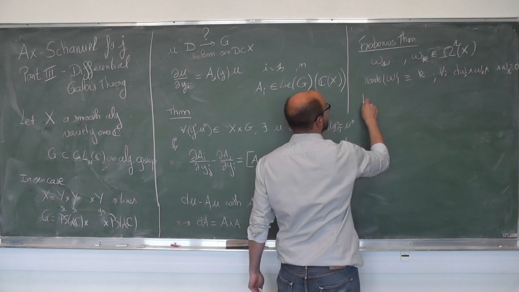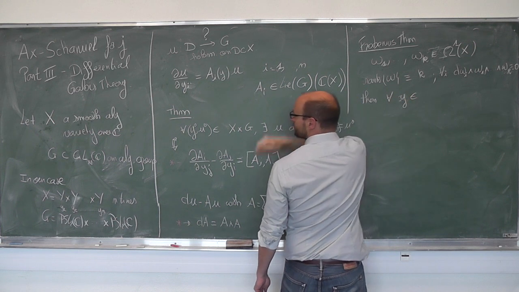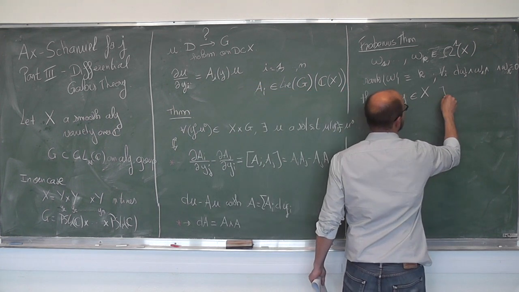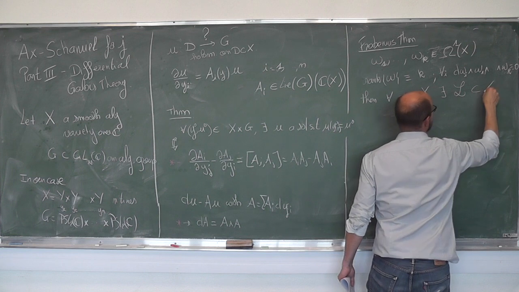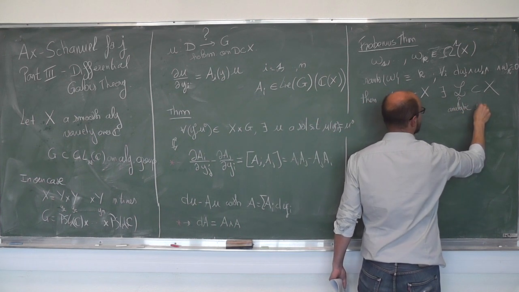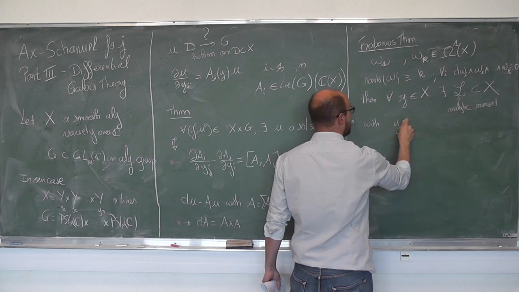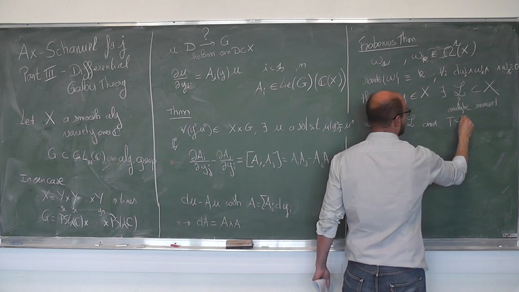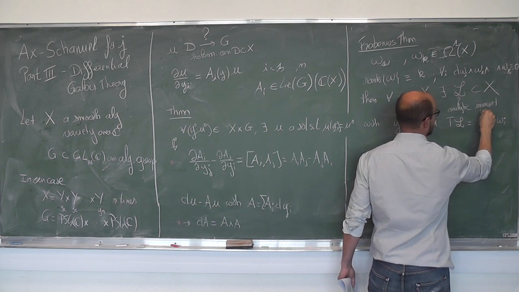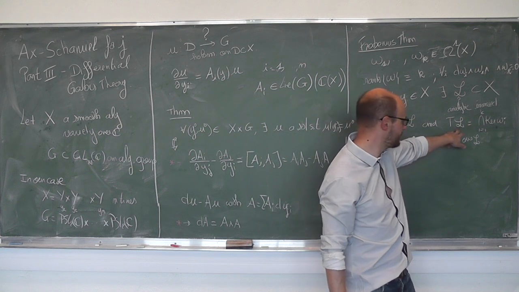Then, each time you choose a point y in X, there exists some analytic immersed subvariety L with y in L, and the tangent of L is the kernel of these forms omega_i, i equal 1 to k, over L. So at any point of L, you have this subspace, the kernel, and this subspace, the tangent, and they coincide.